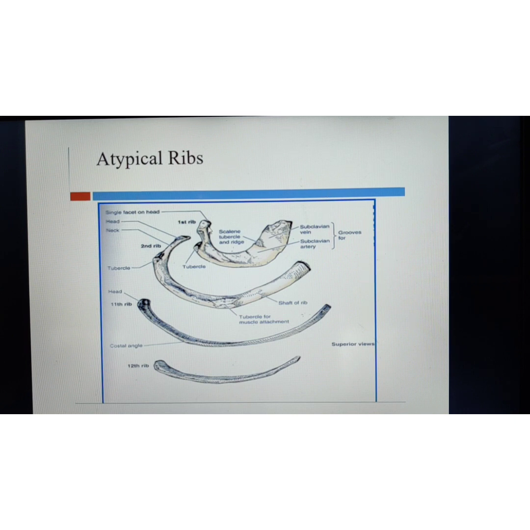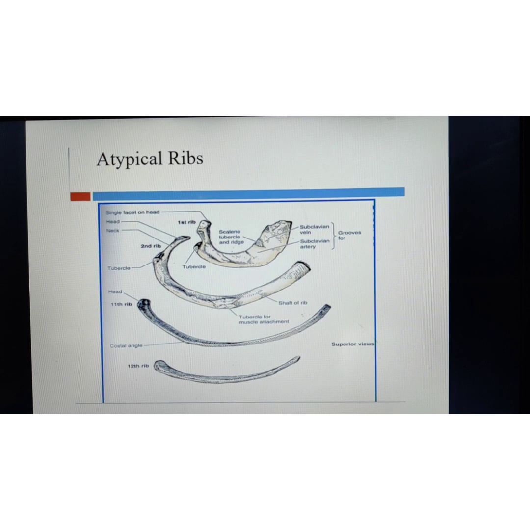as you can see here, it is the shortest, strongest, flattest and most curved of all ribs. It consists of the superior and the inferior surfaces, and we have the outer border and the inner border.